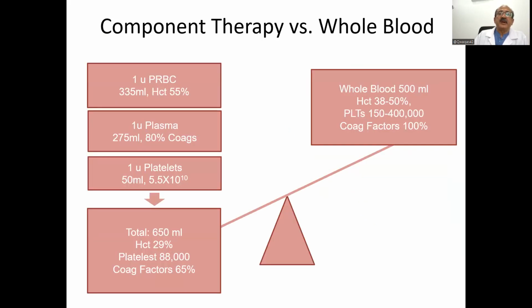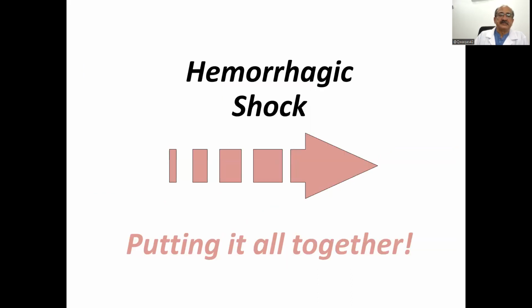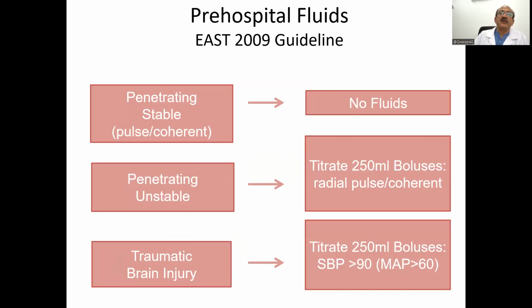If we look at component therapy versus whole blood, component therapy is definitely more effective. So if we put all the management strategies together, what can we conclude? Most important, pre-hospital fluids, as I already mentioned earlier.